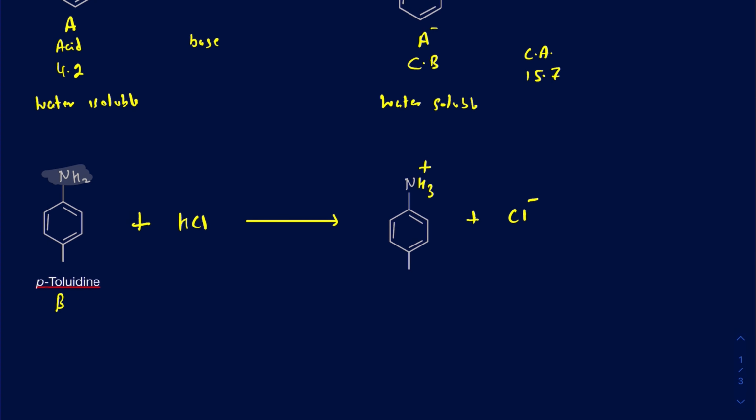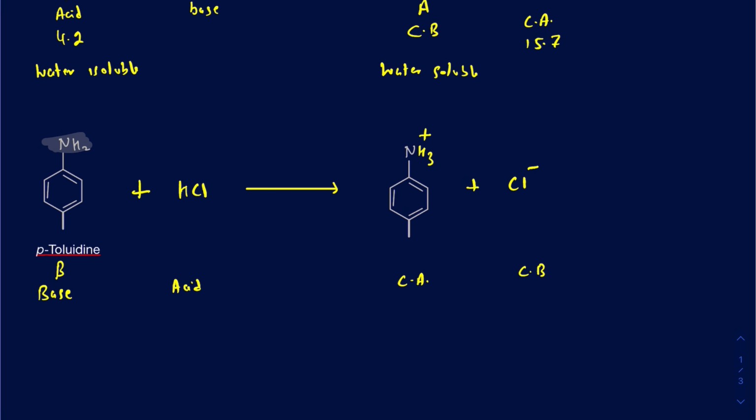conjugate base there. So when I'm looking at what's the base and the acid here, obviously this is going to be the base, this is the acid, that's going to be the conjugate acid, and this is going to be the conjugate base. Okay, so if you look at the pKa's, the HCl is a very strong acid. It has a negative pKa, and the ammonium ion here is going to have a pKa of somewhere around 9 to 10.